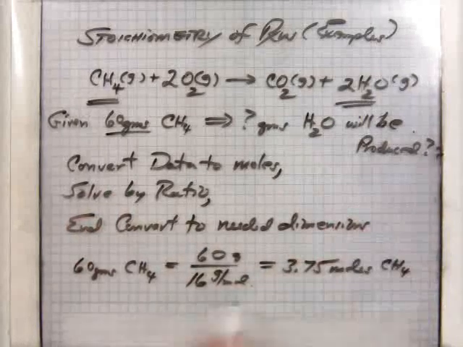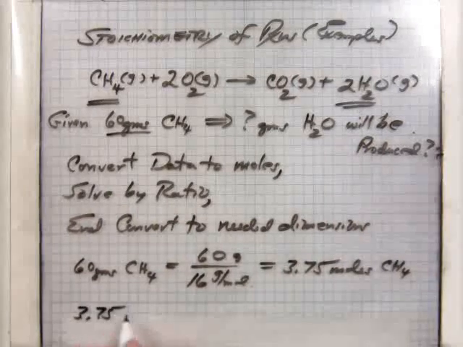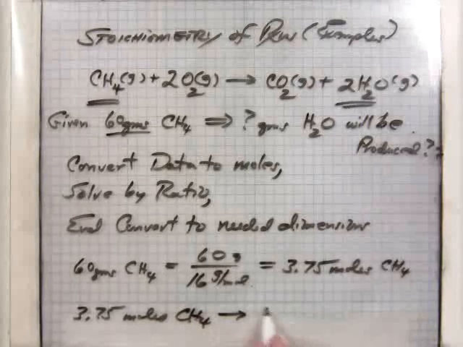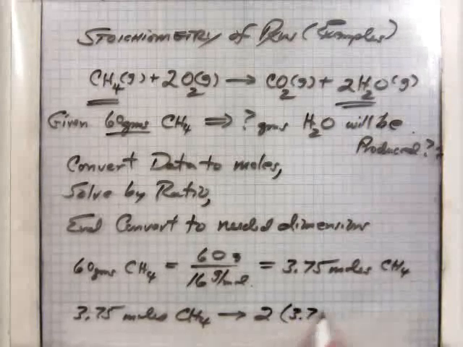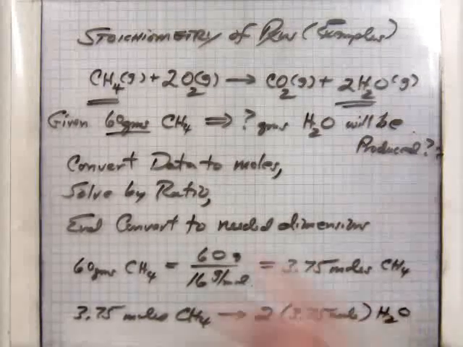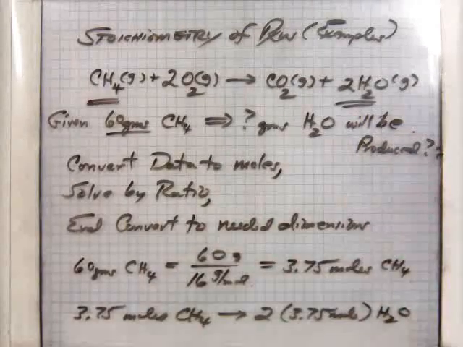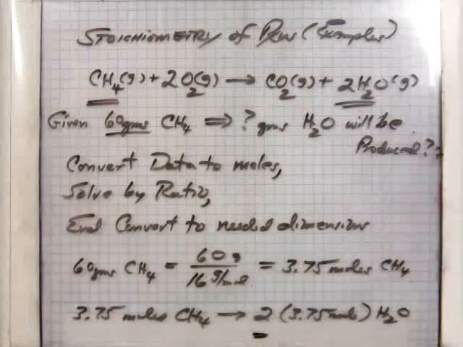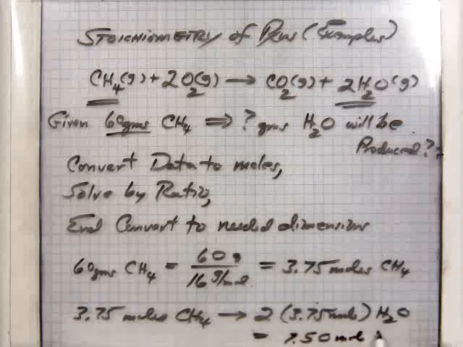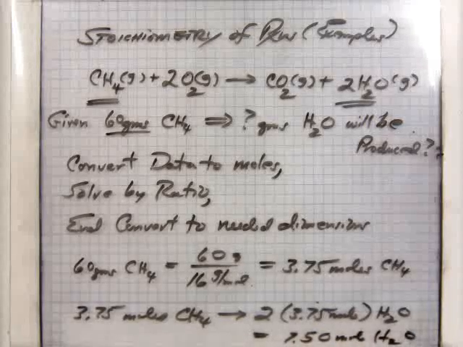So that means 3.75 moles of methane will give 2 times 3.75 moles of H2O, water vapor or liquid water, however you want to count it. So that works out to 7.5 moles of water vapor.